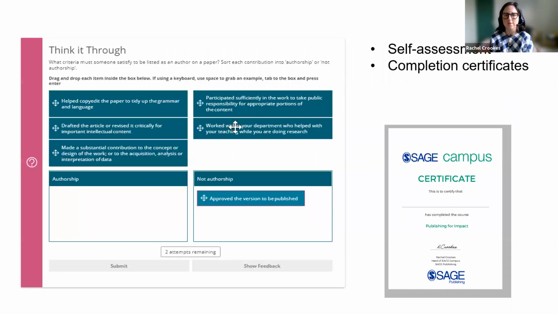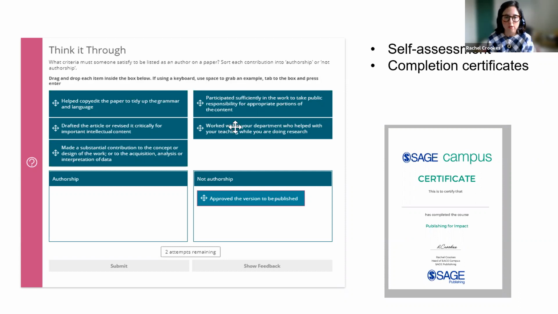Next slide, please. And finally, I've got an example here of a think it through. So we have self-assessment quizzes that are throughout the courses. In this instance, we're asking what criteria must someone satisfy to be listed as an author on a paper? Sort each contribution into authorship or not authorship.